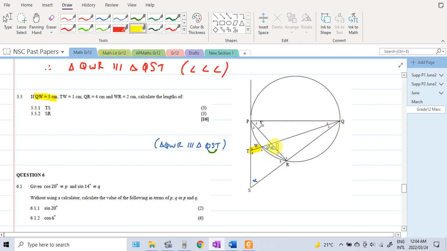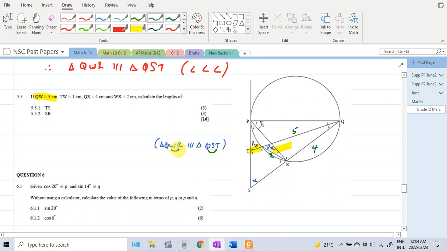4, this was 5 and 1, right? And then we've got WR, which is 2, which is good because most of the information in this triangle is given. So now we have our ratios sorted out.